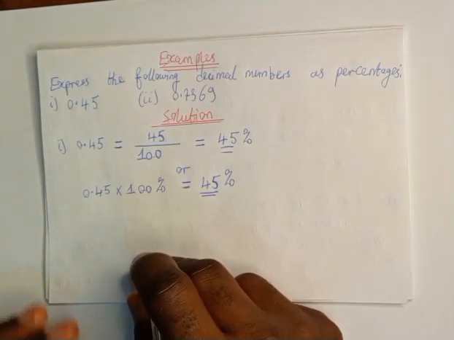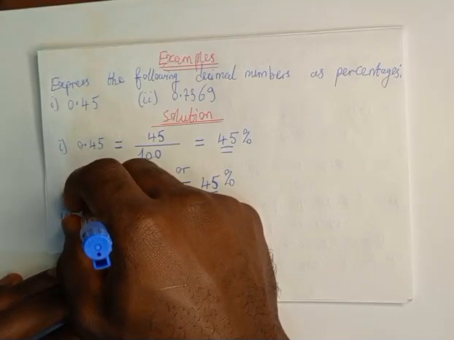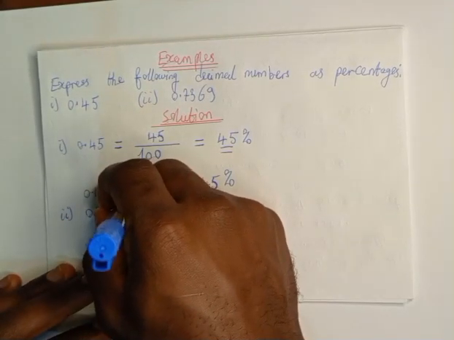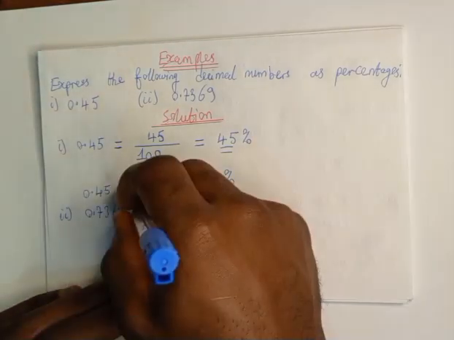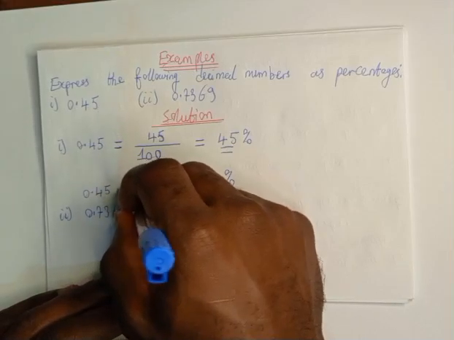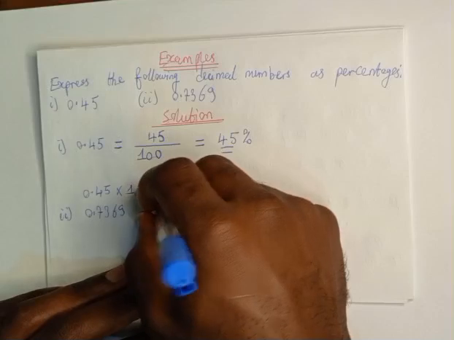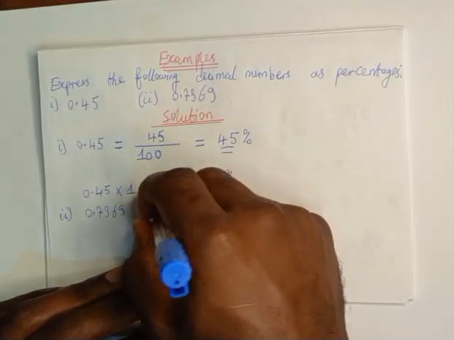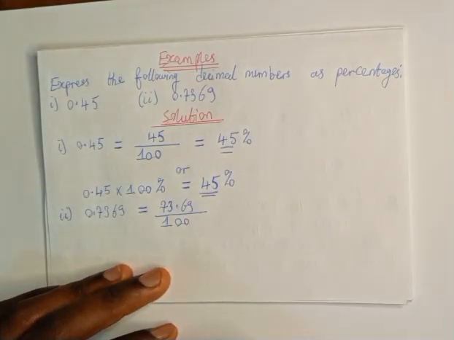We go now to 2. We have to convert 0.7369 as a percentage. If you make use of the first approach, you can write this down as 73.69 all over 100, like this.